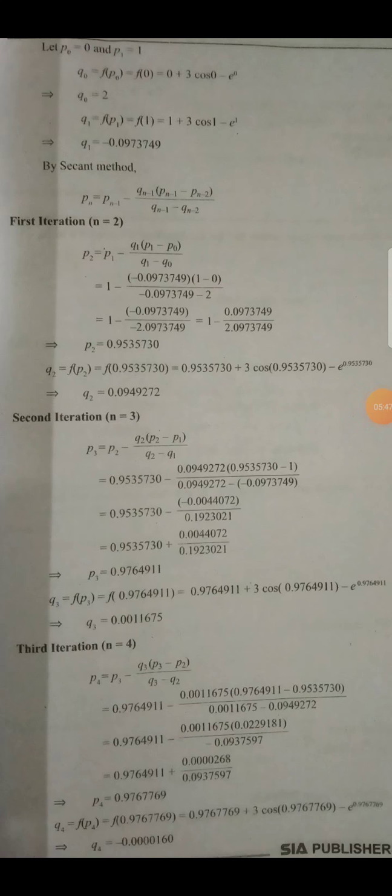Next, find q2. q2 equals f of p2 equals f of 0.9535730 equals 0.9535730 plus 3 cos 0.9535730 minus e power 0.9535730.